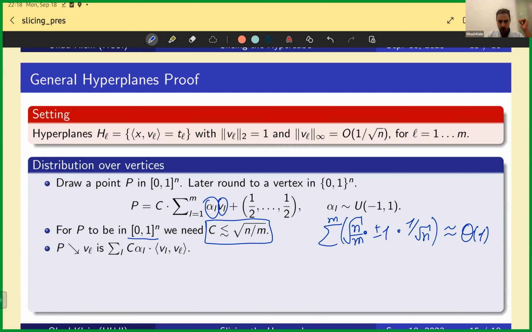Moreover, let us now compute the projection of P on the normal vector V. So we just take the inner product between P and V_L, and we get this kind of sum. Recall that we want to show that this inner product has large variance or large standard deviation.